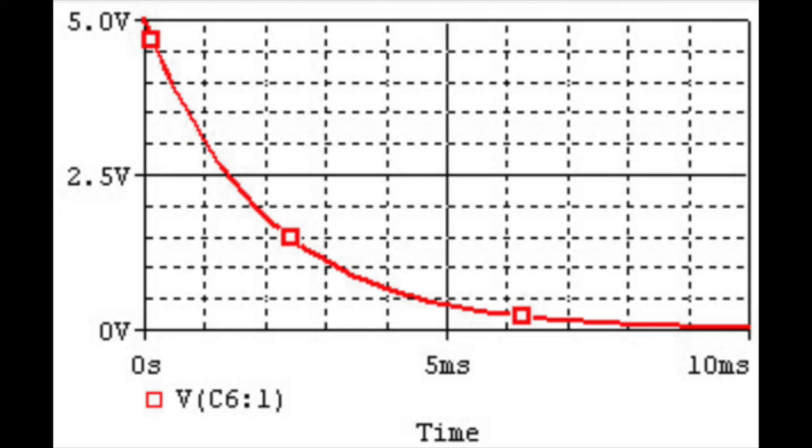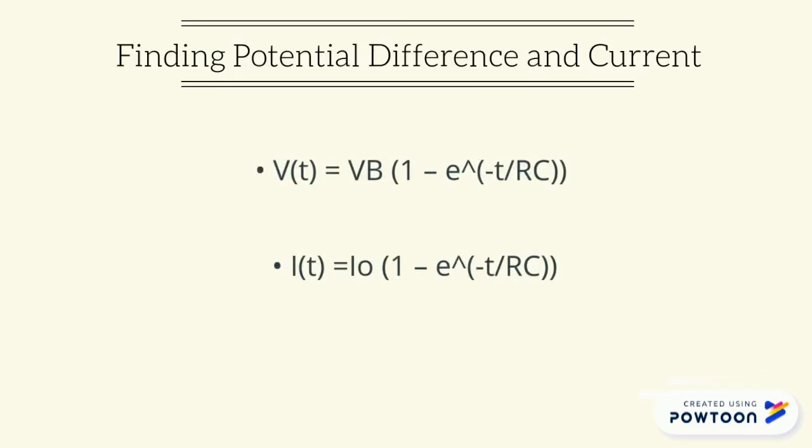The time constant regulates how fast the system reacts. A small time constant equals a quick evolution, and a large time constant equals a slow evolution. As you can see in the image below, the graph clearly shows an exponential decay, which is what is being represented by the two equations above.